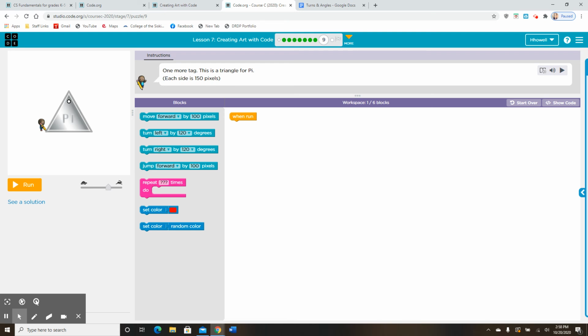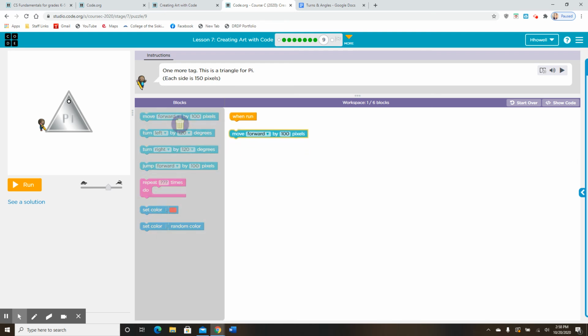So I'm going to show you how I'm going to do mine. I'm going to move forward. But should I do 100 pixels or what did it tell me I should do? Right, 150. So that's kind of nice because starting out, it gives you hints on how many pixels you should go.